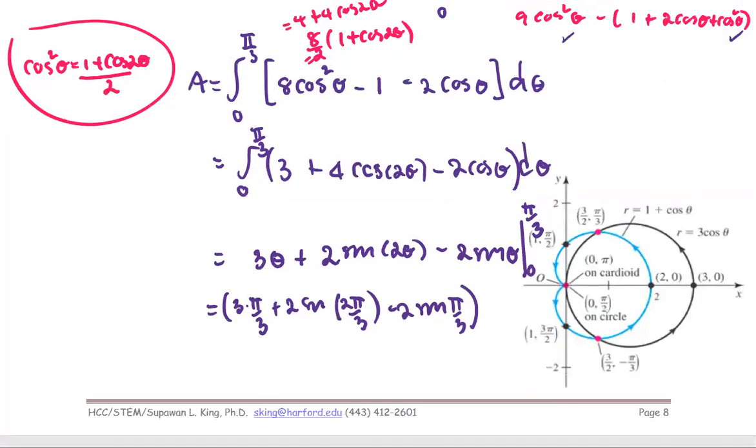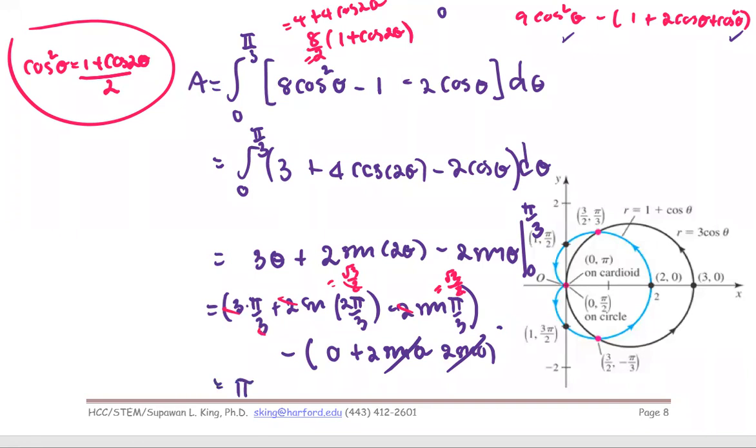This quantity is subtracted by replacing theta with 0 to get 0 plus 2 times sine 0 minus 2 times sine 0. Sine 0 is 0. Sine at pi over 3 is square root 3 over 2, and sine of 2 pi over 3 is the same value, square root 3 over 2. 2 and 2 reduce, 2 and 2 reduce, and also pi and pi, 3 and 3 reduce.